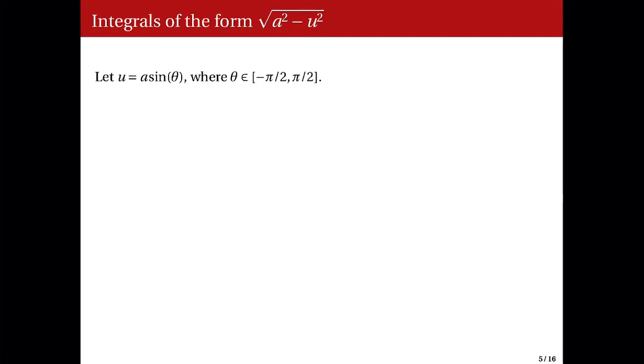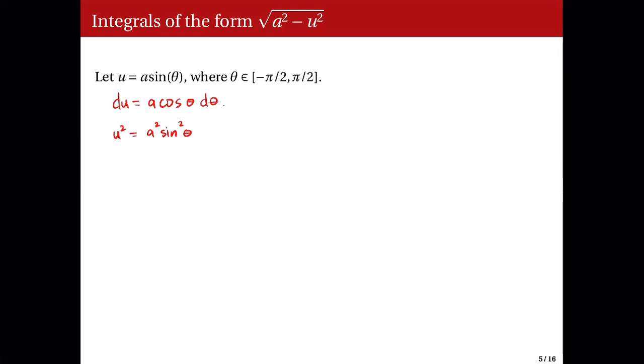u equals a sine theta, and your theta must be between negative pi over 2 and pi over 2 inclusive. If this is your substitution, then du will be equal to a cosine theta d theta. Furthermore, if you square u, you will get a squared sine squared theta.